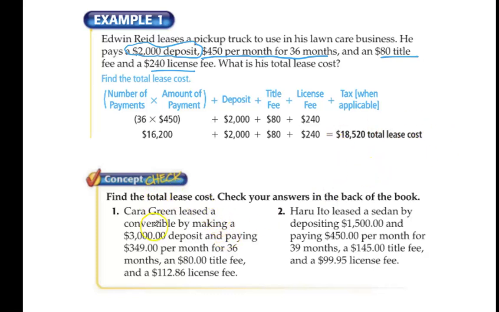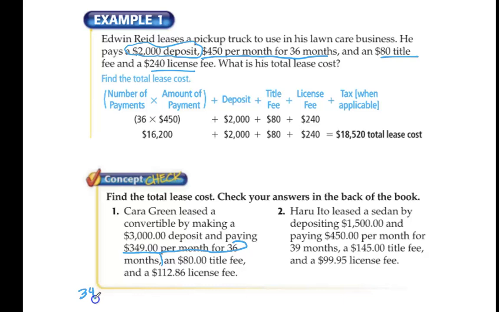So let's look at number 1. Kara Green leased a convertible by making a $3,000 deposit and paying $349 per month for 36 months, $80 title fee and $112.86 license fee. Okay, so this is going to be the hardest part for some of you to find, is this much. So per month for 36 months, that's going to tell you the payment.